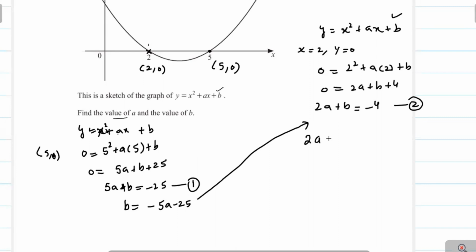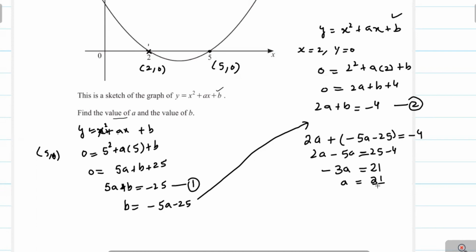Now 2a plus, we write the value of b, minus 5a minus 25 equal to minus 4, and we can write 2a minus 5a minus 25 equal to minus 4. We shift the value 25 from left to right side. Therefore, this value becomes 21, and minus 3a equal to 21. a will be equal to 21 over minus 3, that's equal to minus 7.